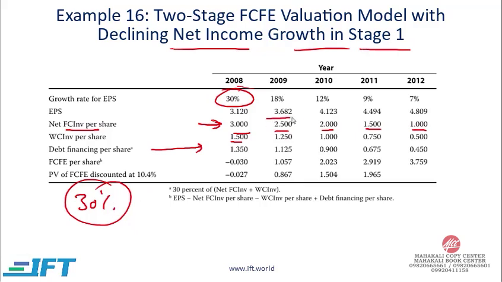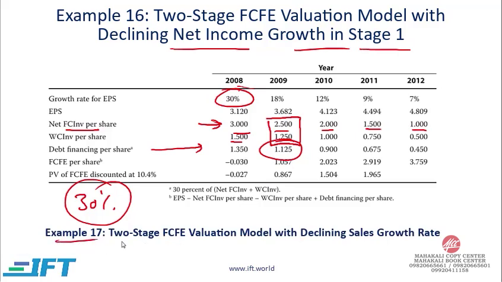So in any particular year, you add up the fixed capital investment and the working capital investment and take 30% of that, and the 30% number essentially will be the debt financing. So the rest of this is fairly self-evident. If you have FCFF numbers, you can then use the debt financing or the net borrowing to come up with FCFE.